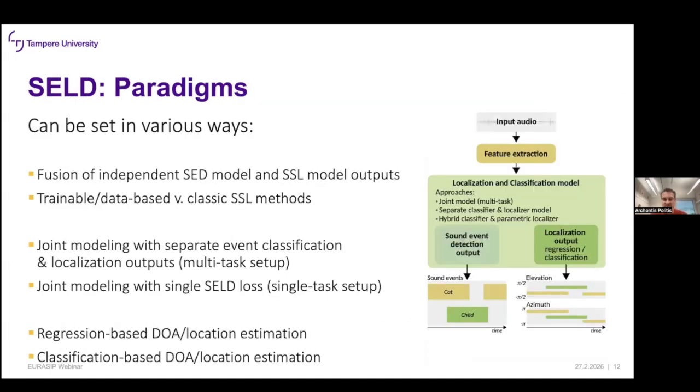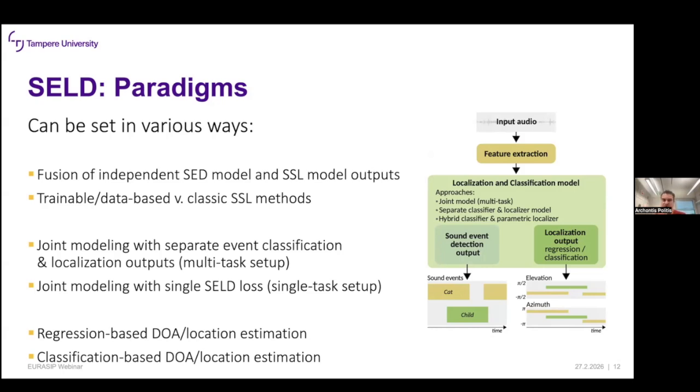Now, thinking a little bit about how to set up such a model, it can be done in various ways. One intuitive and simple way is to take one sound event detection model and some sound source localization model or method and just do late fusion on the outputs.